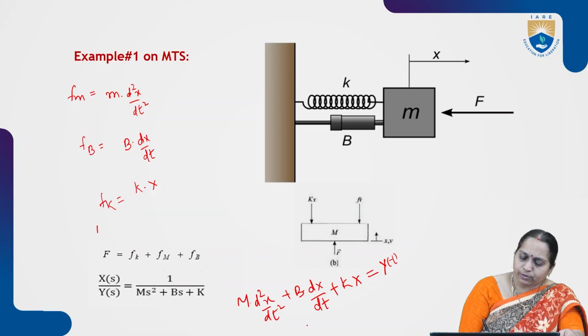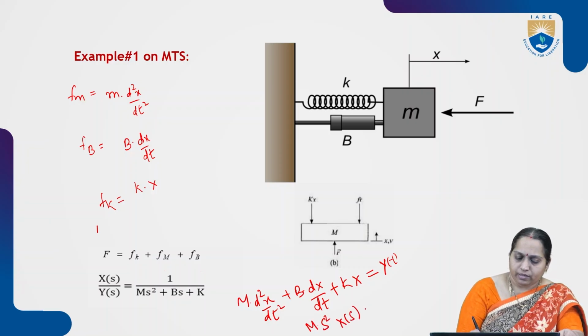Taking Laplace transform, we get M into s square x of s plus b into s into x of s plus k into x of s is equal to y of s.